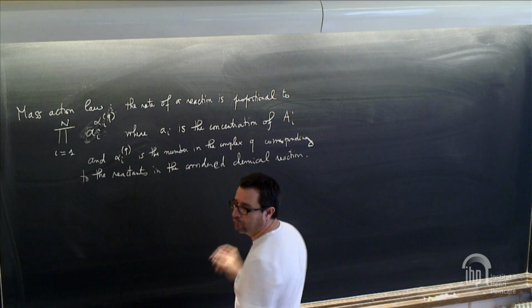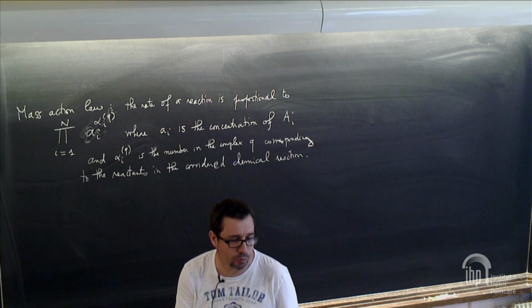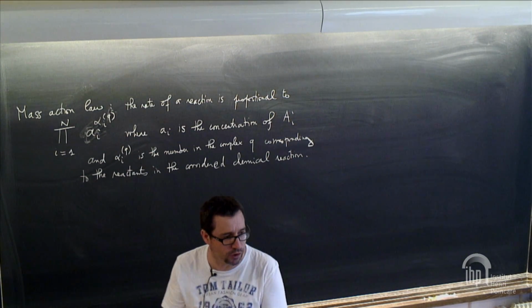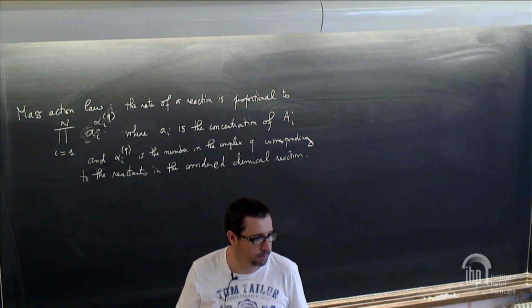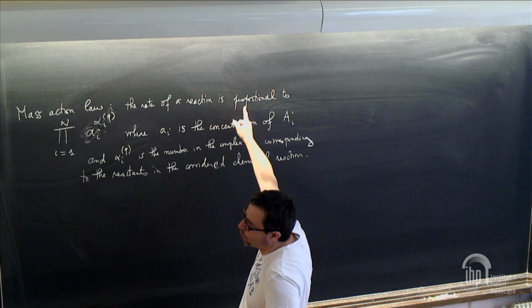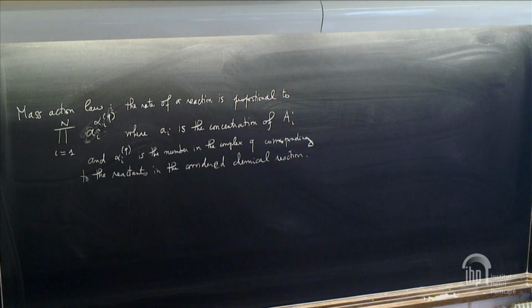That is, the rate of the reaction depends only on the products that you put inside the solvent. It does not depend on the products which are obtained after the reaction. Okay? And the coefficient of proportionality is exactly this number k_i, which is defined in the complex.